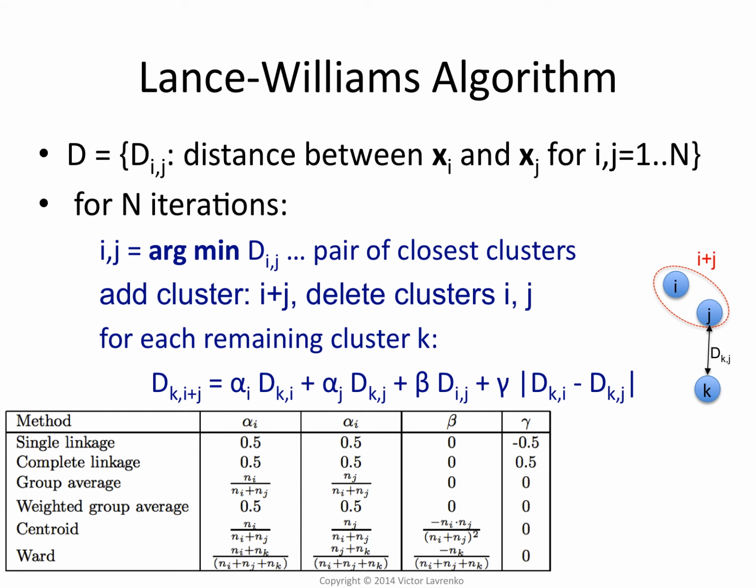Now, what was the distance from K to J? The distance from K to J was the sum over all pairs. So I had an element x in K and element x in J, and I looked at the distance between xk and x. It's horrible notation, but you understand what I mean.